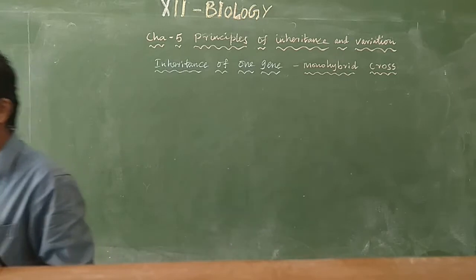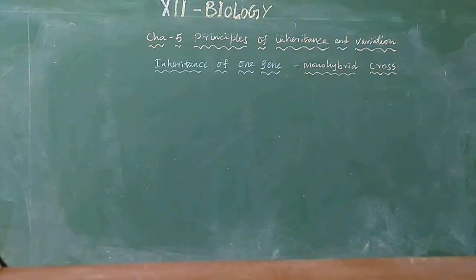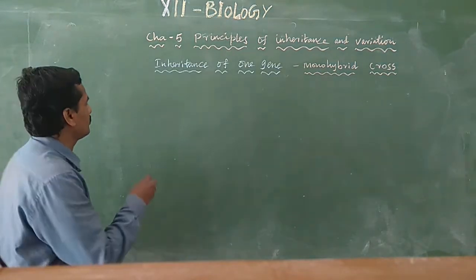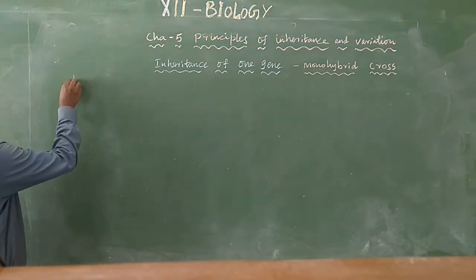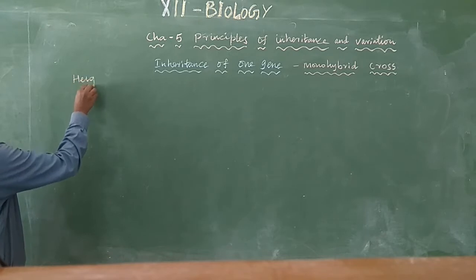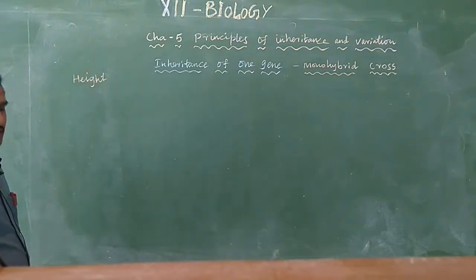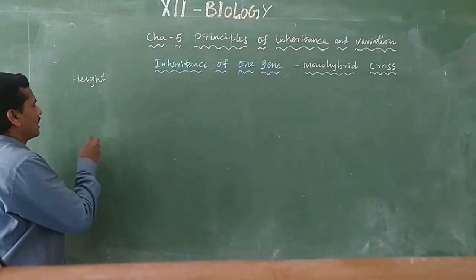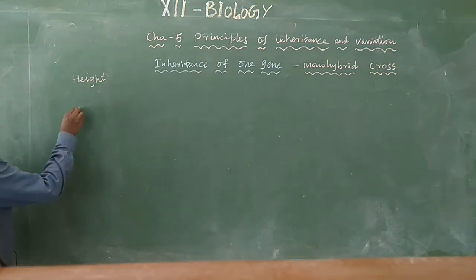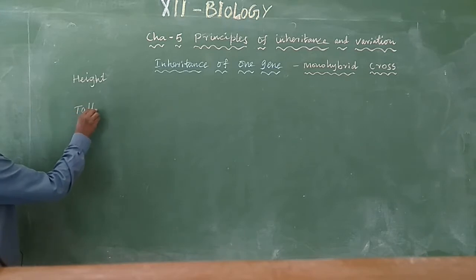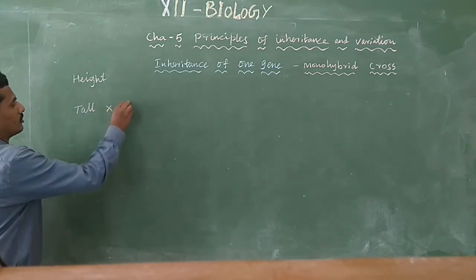For that, Mendel chose a variety of characters. One is height, so we take height as the character used by Mendel. In a garden pea plant, two versions of height are present: one is the tall version, another is the dwarf version.